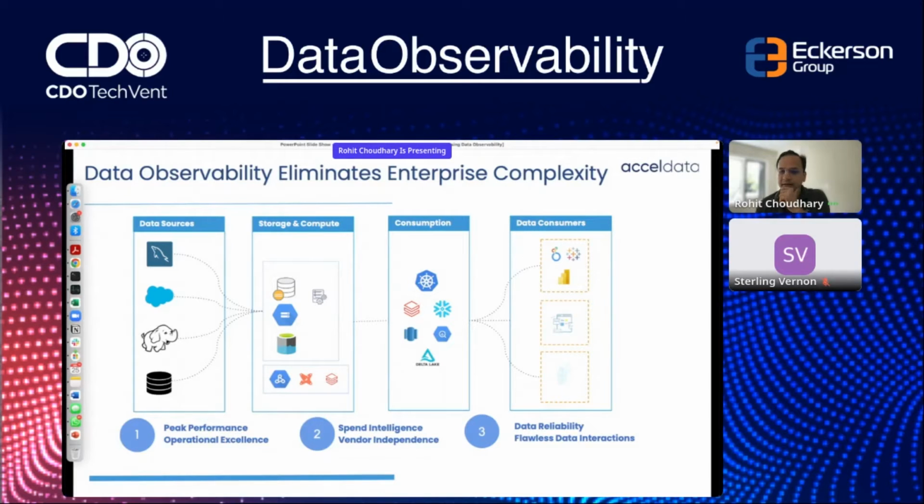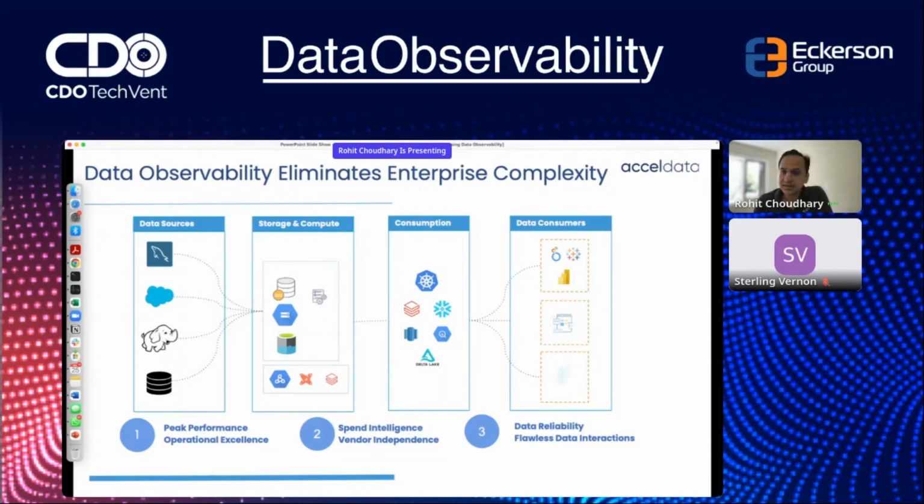Are there data reliability issues, or can you make all your data interactions flawless? I think those are really important steps. I don't think any enterprise will be able to go across all of these different layers through an extremely complex pipeline and make sure that their pipelines produce the exact kind of data that you wanted without actually observing it.